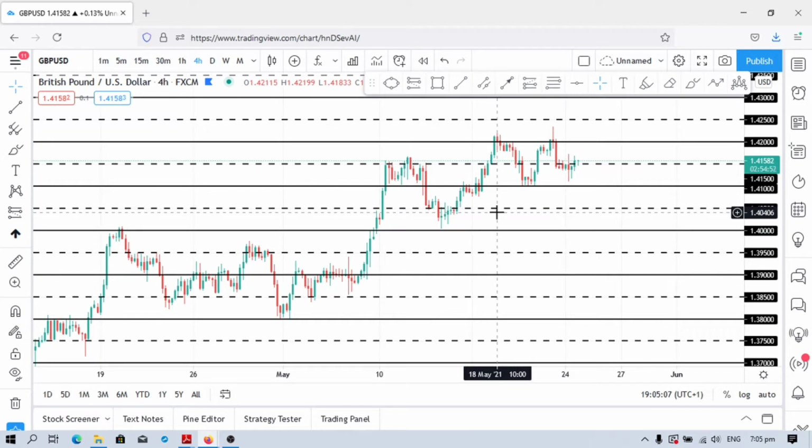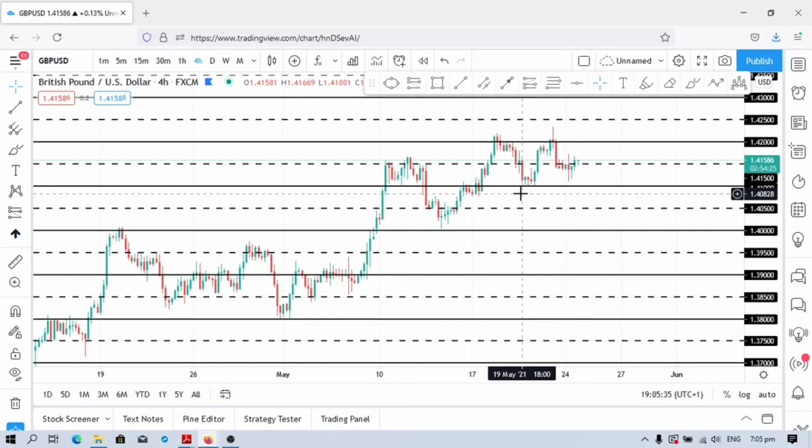So these psychological supports and resistances consistently work because of fundamental human psychology. Human beings value simplicity, and from the trading perspective, this means valuing whole numbers. If I'm talking to another Forex trader about a certain level, I would normally identify the level by whole numbers.